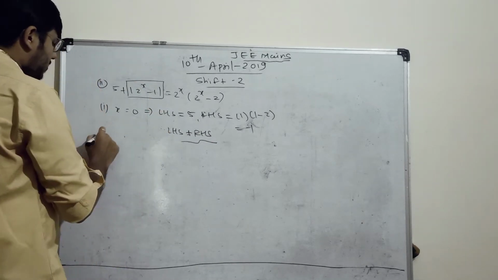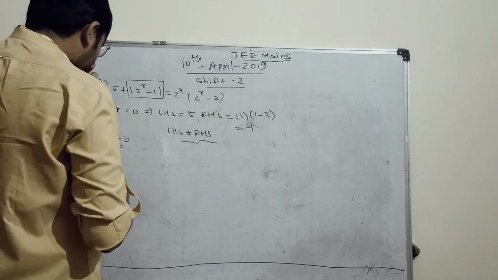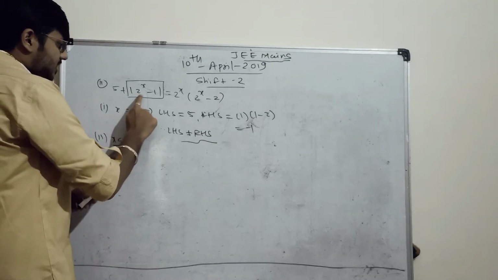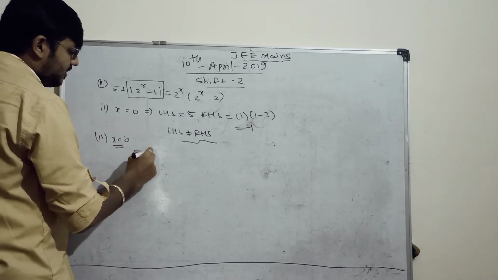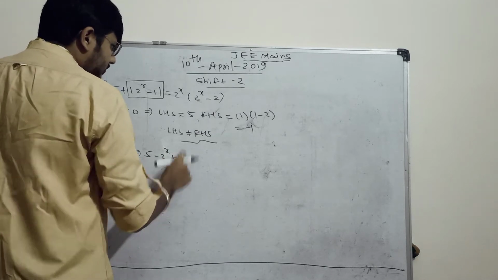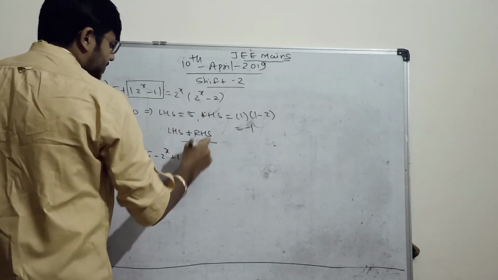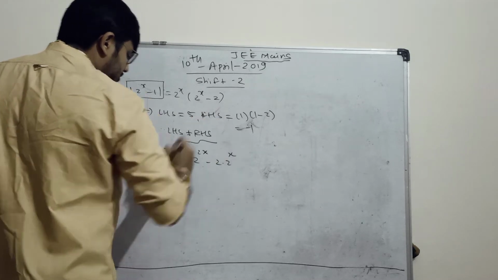Now let's talk about the second condition, where x is less than 0. So if x is less than 0, then this particular term has a negative answer. So the equation will be 5 minus 2 raised to x plus 1 equals 2 raised to 2x minus 2 into 2 raised to x.